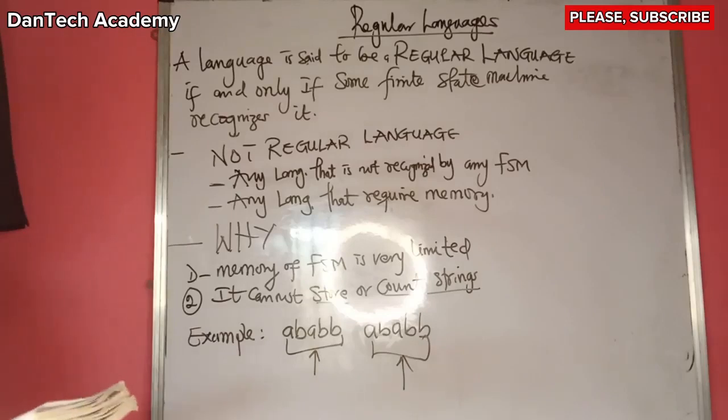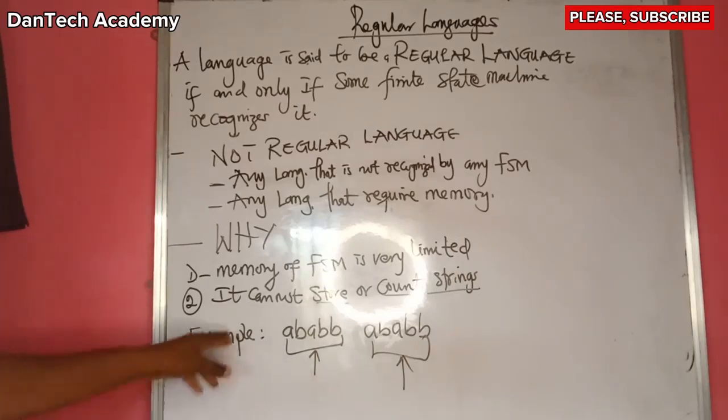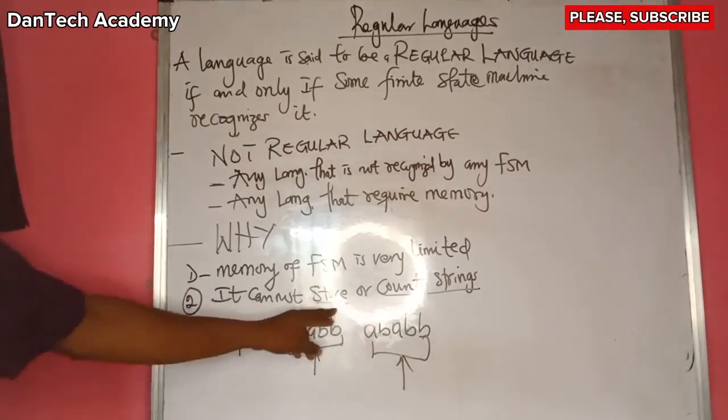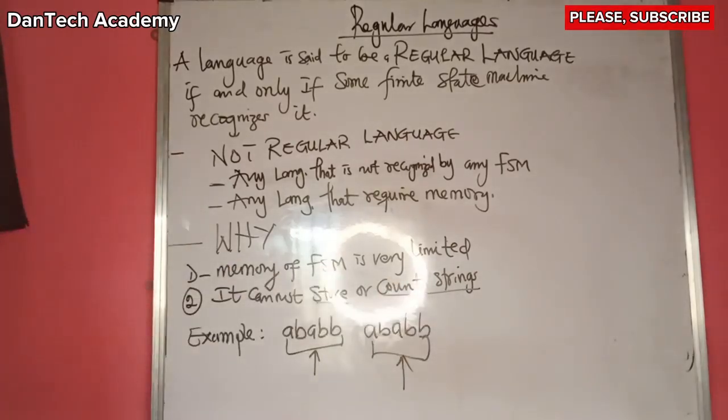Are we together? Cannot store or count strings is written here. It was repeated because it was stored, but FSM does not store or count strings.